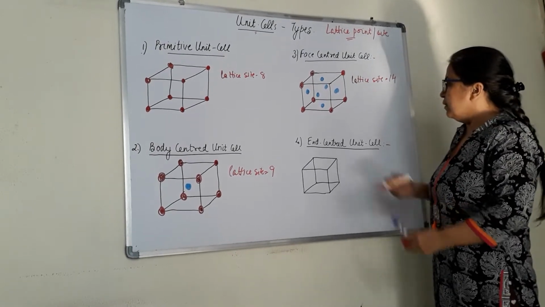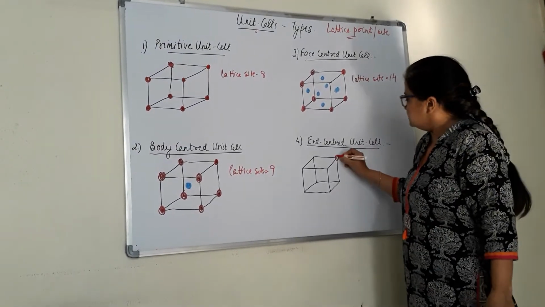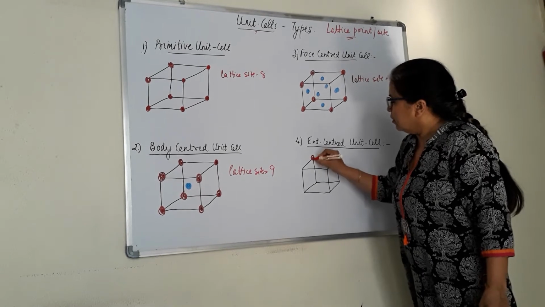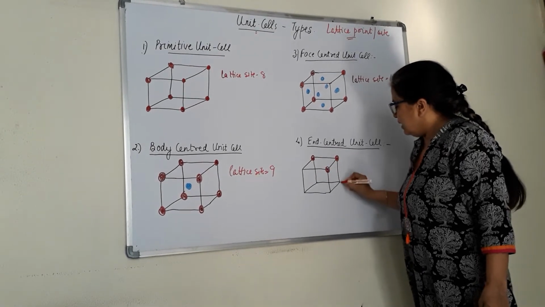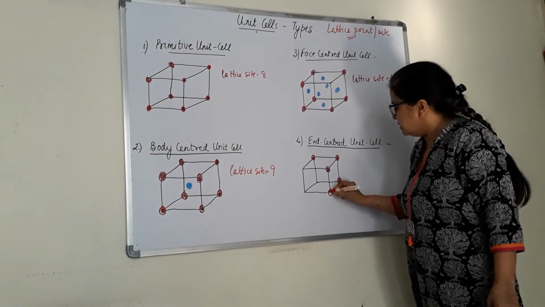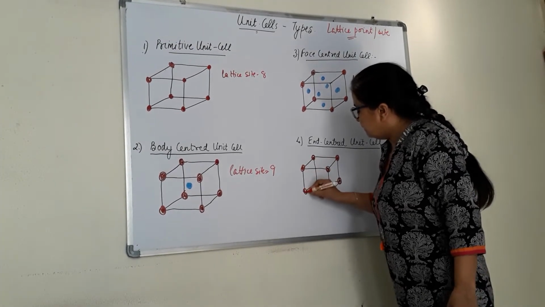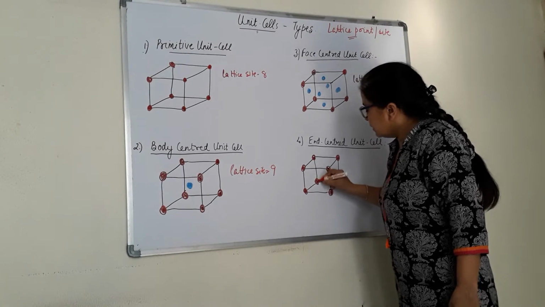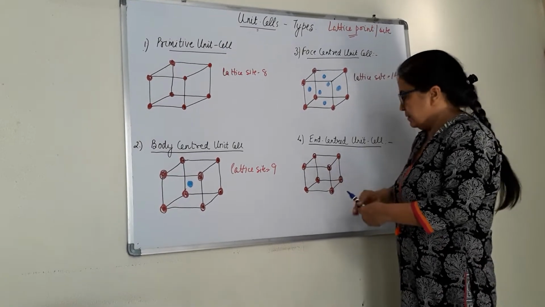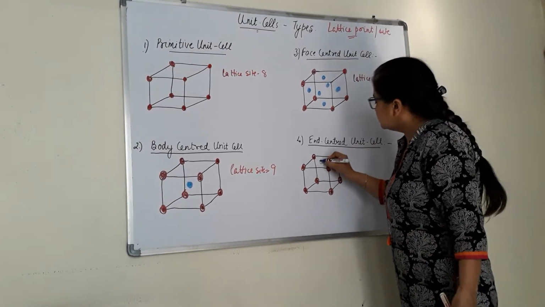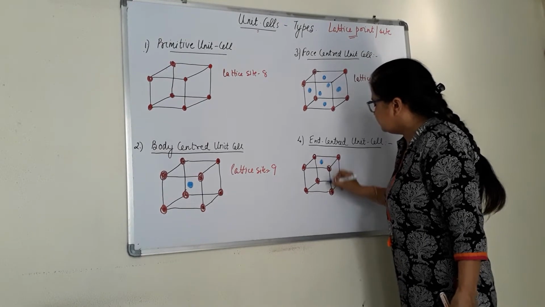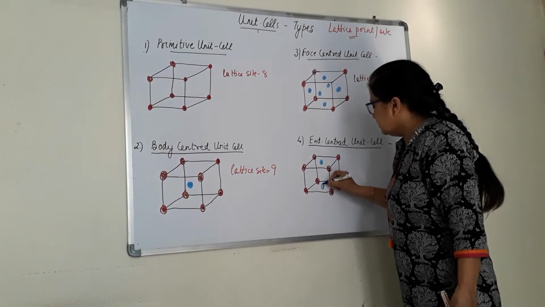Now, let's talk about end-centered. In end-centered, constituent particles are present at all the corners, plus they are also present at two opposite faces. Any two opposite faces you can take. I have taken this face.